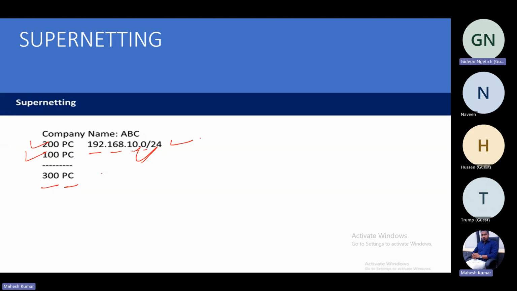So the total number of PCs is 300. But with a slash 24, how many IPs do we have? 254 valid IPs, but the requirement is 300.